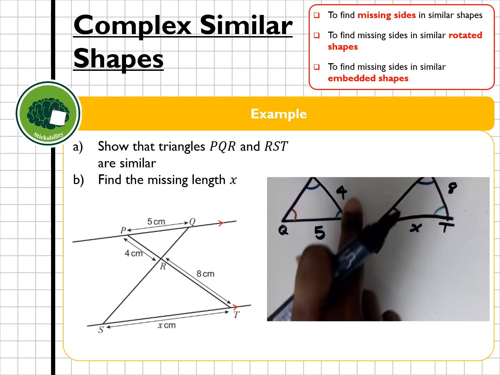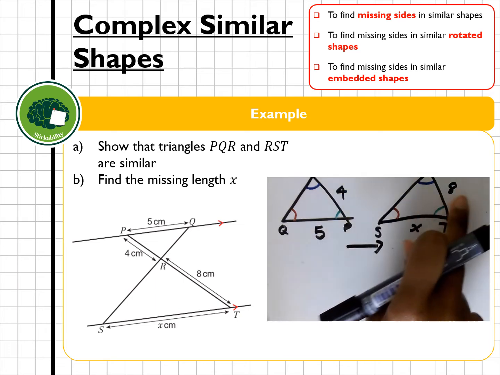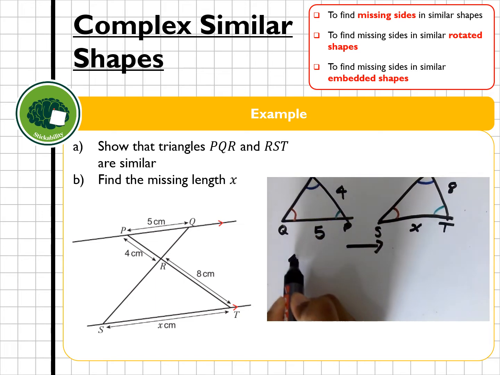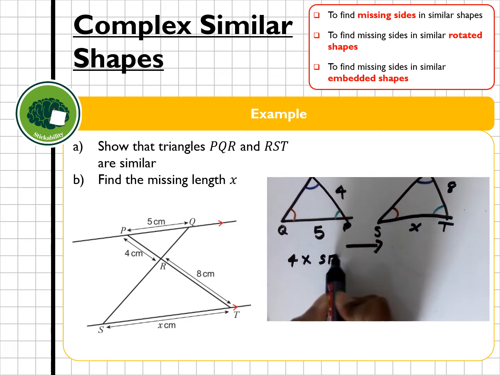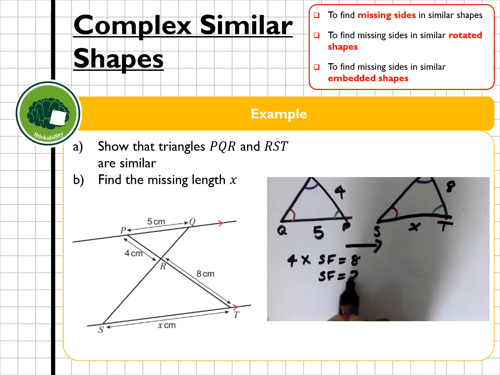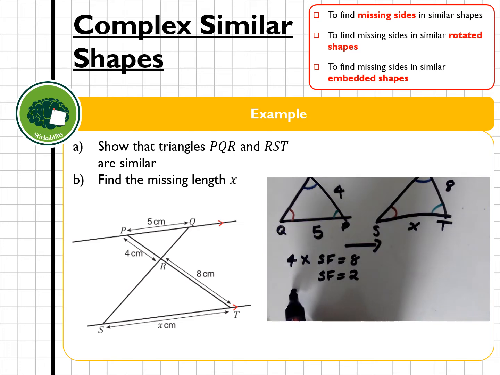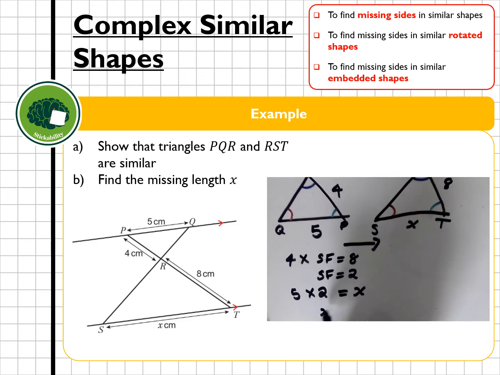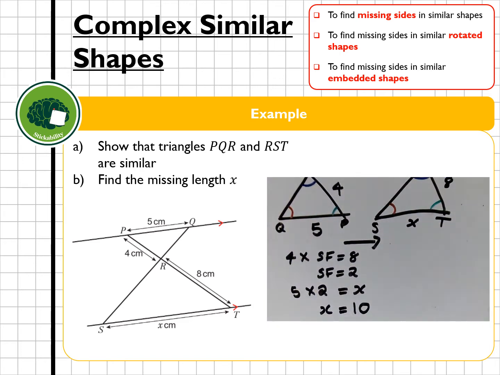So my corresponding sides are here and here. So I know that 4 times my scale factor is equal to 8, giving me a scale factor of 2. I then know that 5 times my scale factor of 2 must give me x, which means therefore that x is equal to 10.